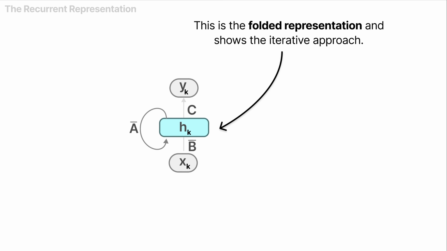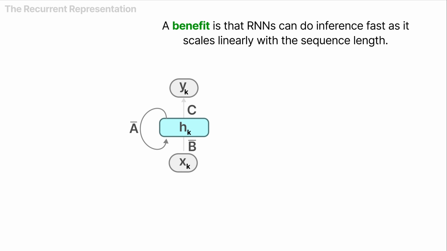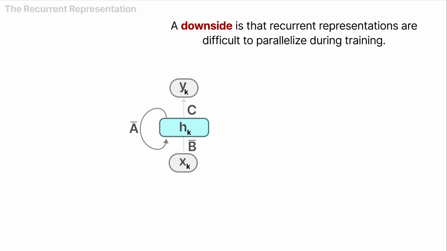This is the folded representation and shows the iterative approach. This means that you can represent the state space model as a recurrent neural network. A benefit is that RNNs can do inference fast, as it scales linearly with the sequence length. A downside is that recurrent representations are difficult to parallelize during training.